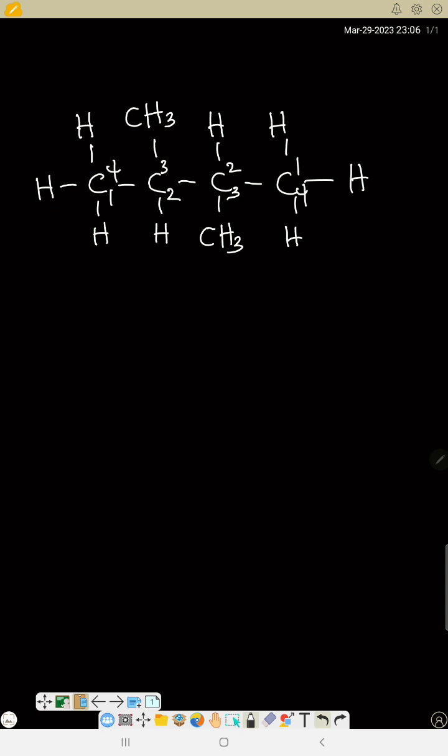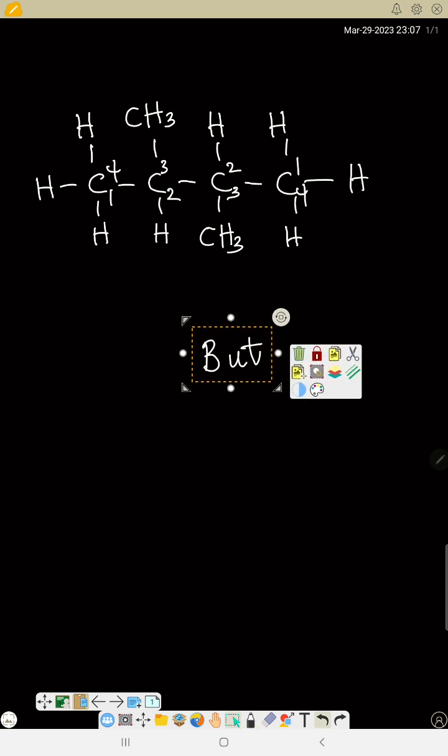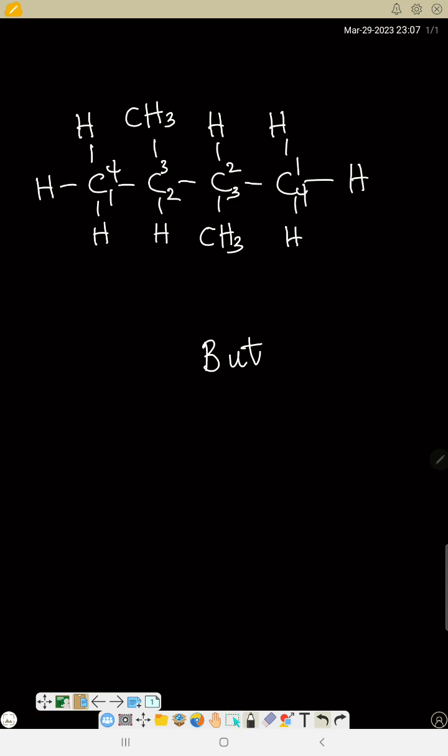Because it is 4 carbons, I have but. And because everything I have there is a single bond, that will be ANE, that is butane. Now after I've located my butane, there are 2 attachments here.